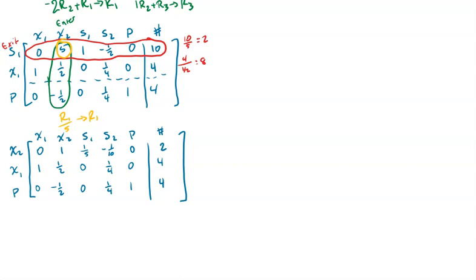All right, next up, we need to do our row operations. So we're trying to get both of these to zeros. So our row operations are going to be negative 1/2 row 1 plus row 2 and positive 1/2 times row 1 plus row 3.